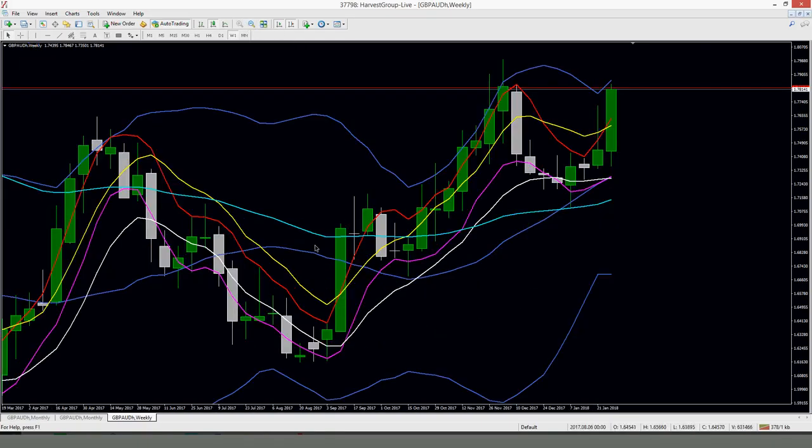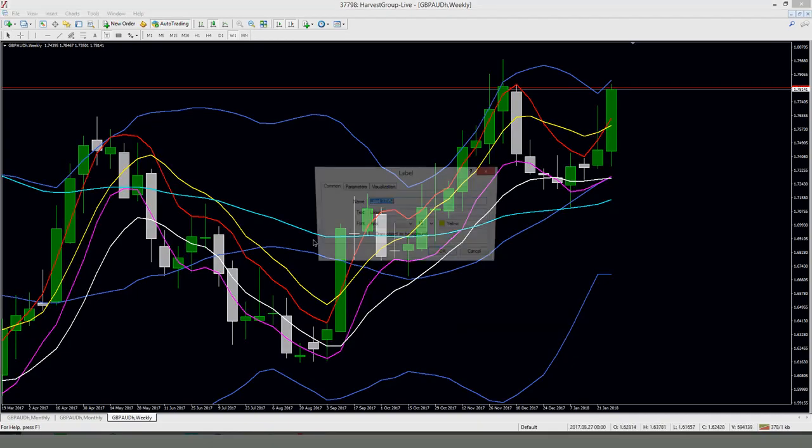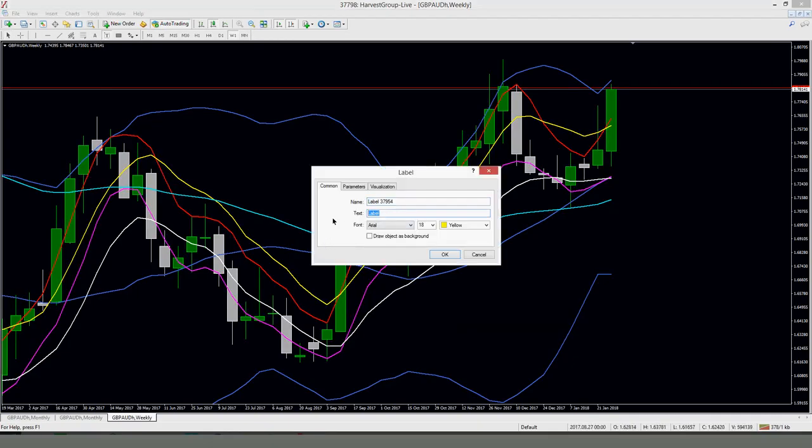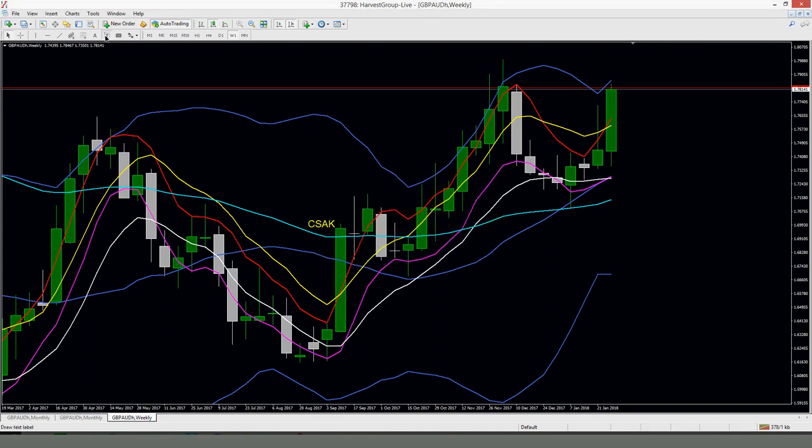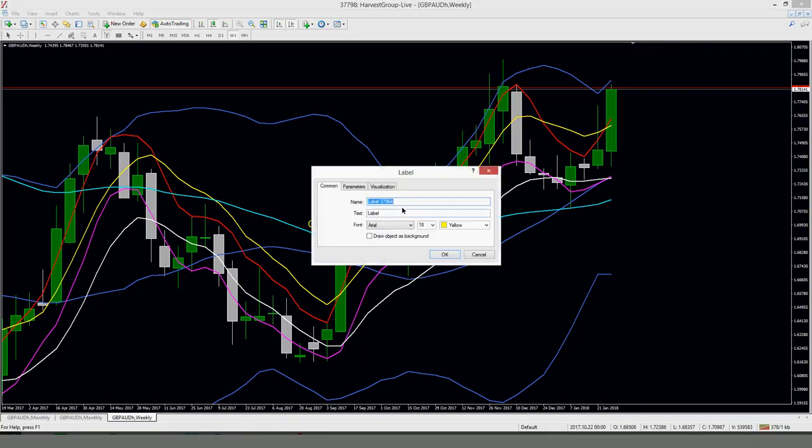So we do have CS Arakuko over here, so that we already have validated. So this is a valid CS Arakuko. And then we have a re-entry buy over here, a candle that rejects MA5.